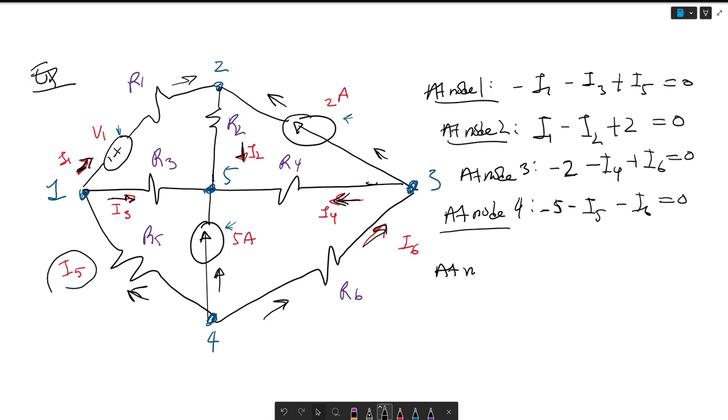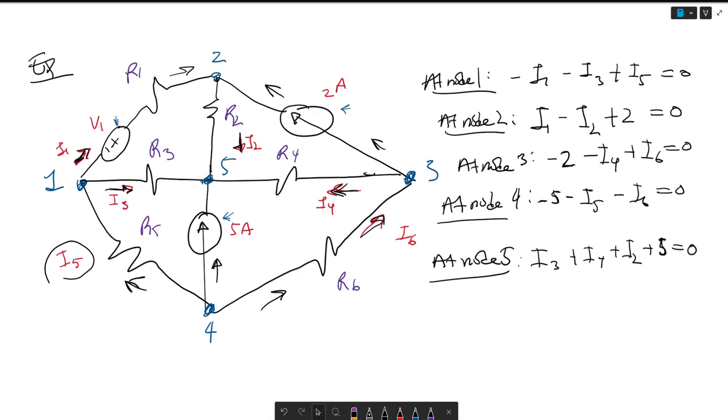And then last but not least, at node 5, I3 is entering, so I3 plus I4 because I4 is entering, plus I2 because I2 is entering, and plus 5 because 5 amps is entering, is equal to 0.